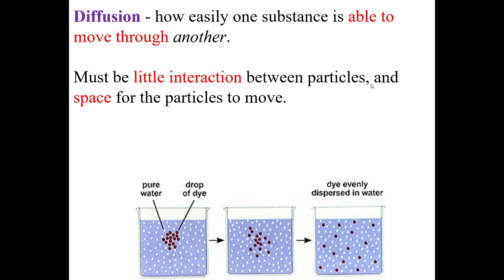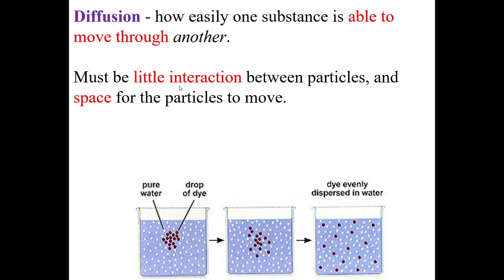And then I figured it out. All of a sudden I read the sentence: there must be little interaction between the particles that you're trying to diffuse, and there must be space for the particles to move. Anyways, you had to be there, I guess.